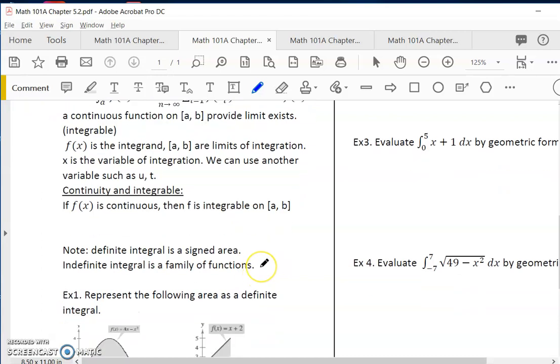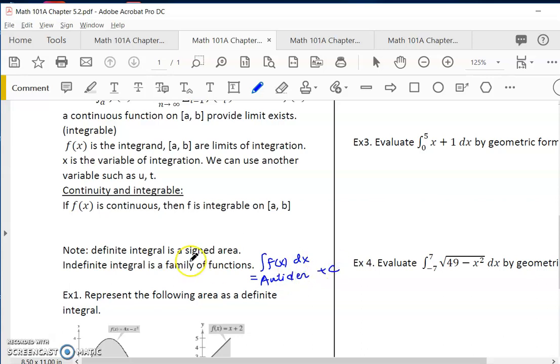Notice the difference from the indefinite integral in chapter 4.10. We talked about the indefinite integral, this one, f of x dx. This gives us the antiderivative, which is a function, a family of functions: antiderivative plus c.